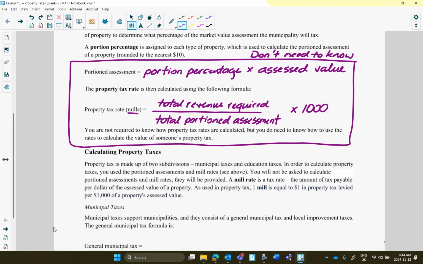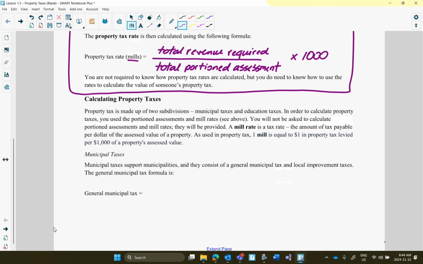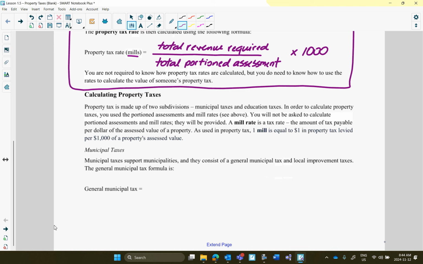Okay, what we're going to do is we're going to focus on how to calculate them. So property tax is made up of two subdivisions. Your municipal taxes, remember that's municipality, so that's your like city taxes or town taxes, and your education taxes, like I said, which we'll talk about later. Okay?